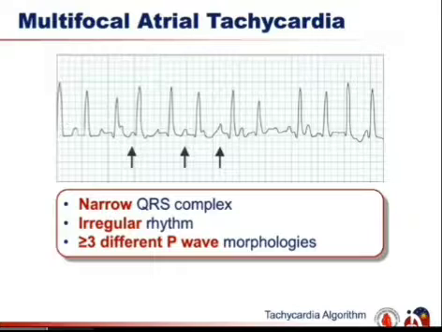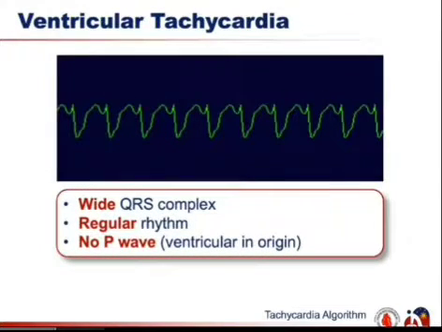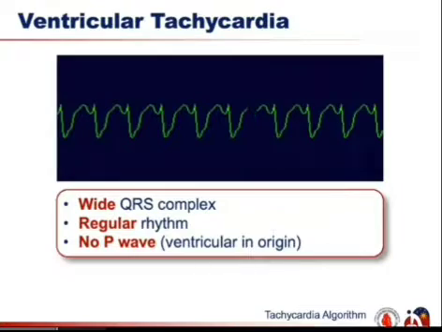Less commonly, we may encounter multifocal atrial tachycardia. Oftentimes confused with atrial fibrillation, MAT has narrow QRS complex, irregular rhythm, but P waves are still discernible. Diagnosis of MAT requires presence of 3 different P wave morphologies as seen on the monitor or ECG. Among the wide complex tachycardias, ventricular tachycardia is the most common.